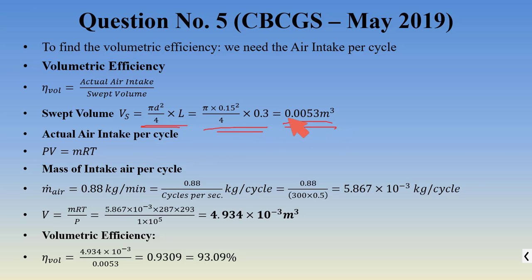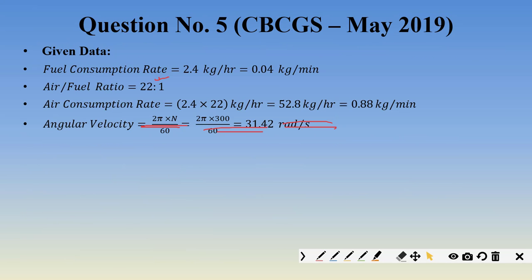Now we have to find the actual amount of air intake, volume of air intake. So first of all, we have to find the mass flow rate of air. See over here, I have calculated the mass flow rate of air. Fuel consumption rate is 2.4 kg per hour. I divided it by 60 to get kg per minute. Air fuel ratio is 22. So what will be air consumption rate?